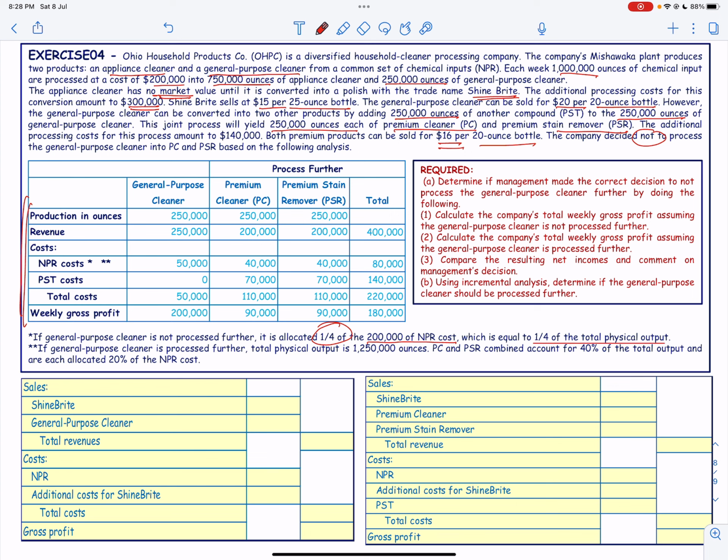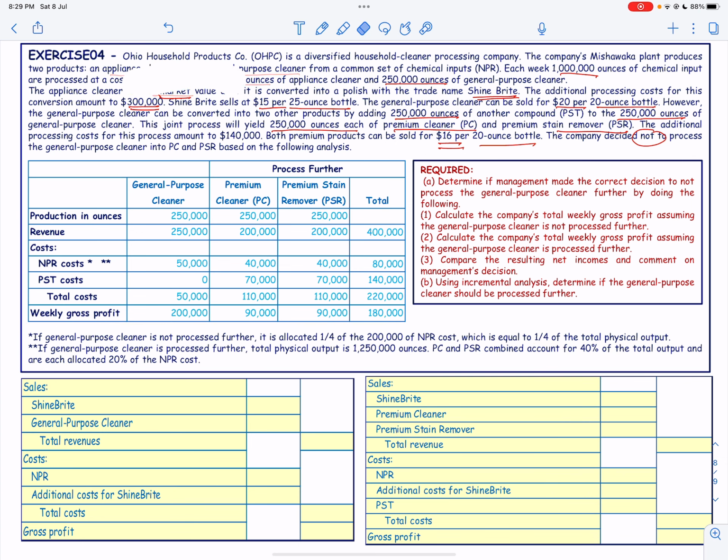If general purpose cleaner is processed further, total physical output is 1,250,000 ounces. Premium cleaner and premium stain remover combined account for 40% of the total output and are each allocated 20% of the NPR. Okay.